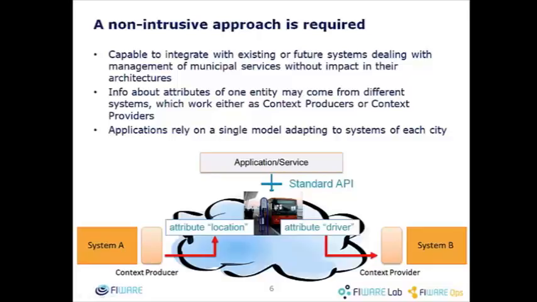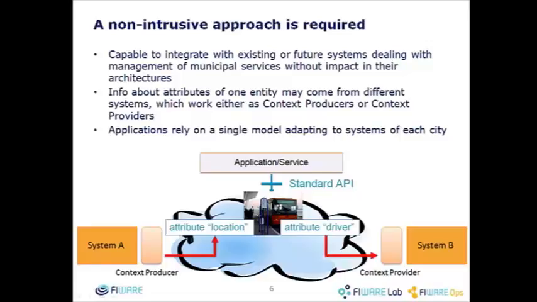This is a very interesting approach because it allows you to integrate your application with existing or future systems that deal with the management of centralized services without impacting their architectures, because you get the information in an abstract way from the context broker, and it's the producers, the systems that produce the information, that need to care about how they get the information to the broker.